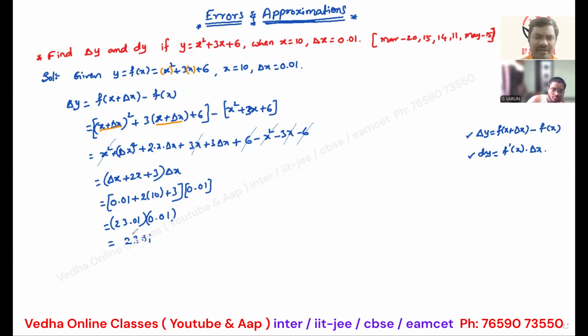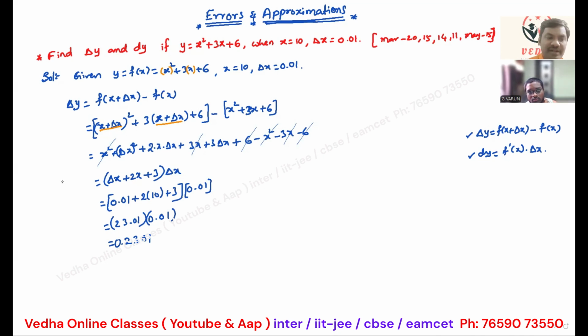But the first term has 2 decimal places and the second term also has 2 decimal places. Total from the right side we count 1, 2, 3, 4, so after 4 numbers we have to place the decimal point. That is 0.2301. This is the first one completed.